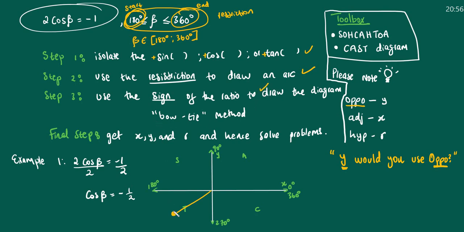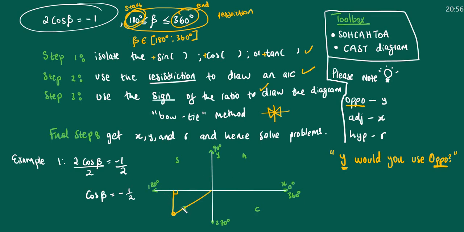You can draw the diagram using the bow tie method, meaning that this would be here in this quadrant. When I'm saying the bow tie method, I am saying that we have something like this. When you are drawing your triangles, if you want to use right angle triangles, if it is in this quadrant, it will look like this. In here to look like that. In here to look like that. In there to look like that.